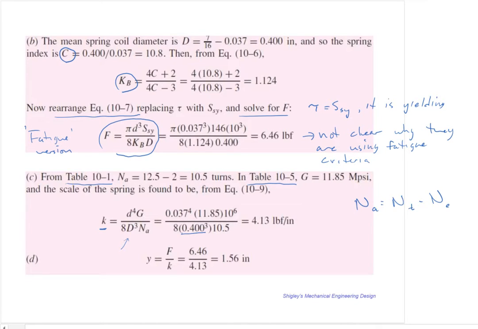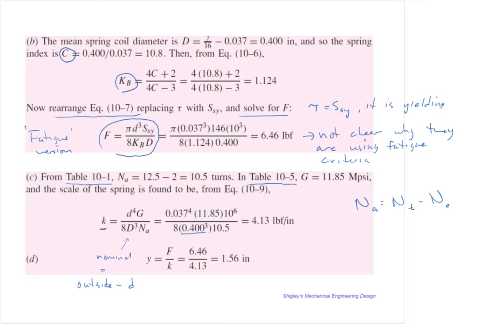So if you have the outside coil diameter, in order to get the nominal, it's the outside minus the wire diameter. So that's what they're using there for D.